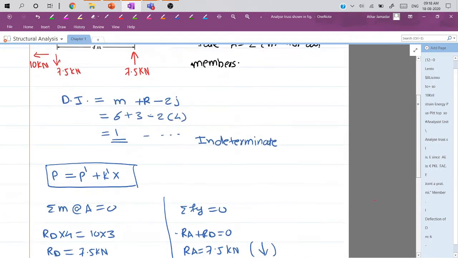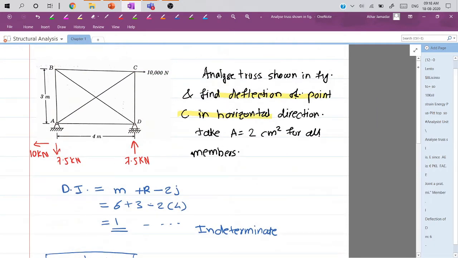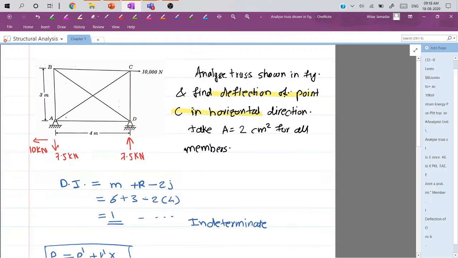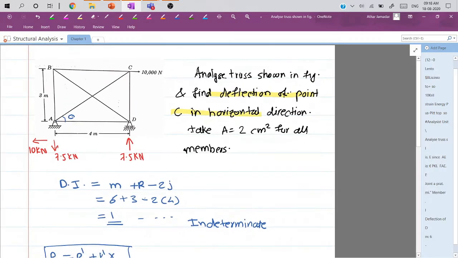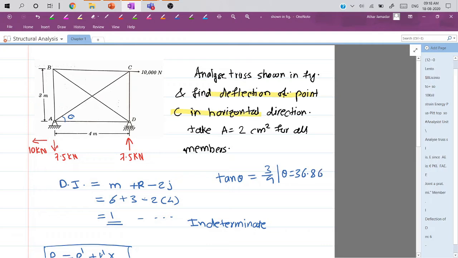First of all, we will find these angles. Let us denote this angle CAD as theta. The value of tan theta is going to be 3 by 4, so theta will be, I think, 36.86 degrees.